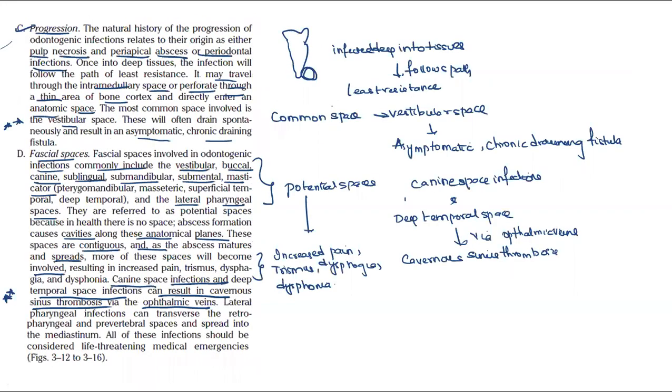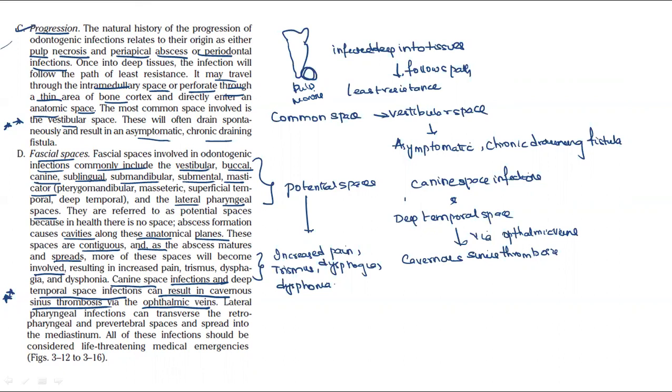So here we studied, right? What did we study? How does it progress? It first starts mainly sometimes just as a pulp necrosis or an abscess, and later the microbes follow the path of least resistance and it gets deeper infected. Common spaces are the vestibular space, which is asymptomatic and leads to a chronic draining fistula. What happens when the potential spaces, that is the vestibular, buccal, canine, sublingual, submandibular, submental, and masticator spaces, and the lateral pharyngeal space are involved?